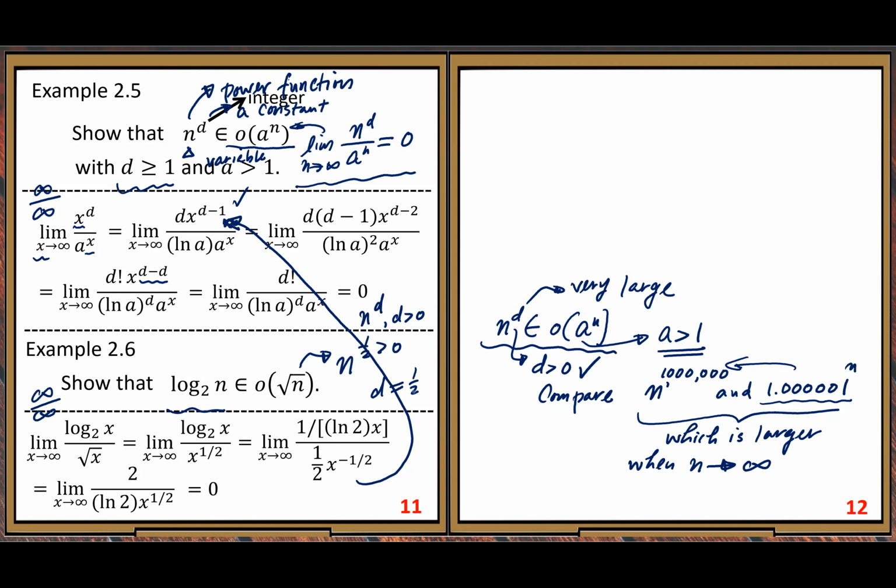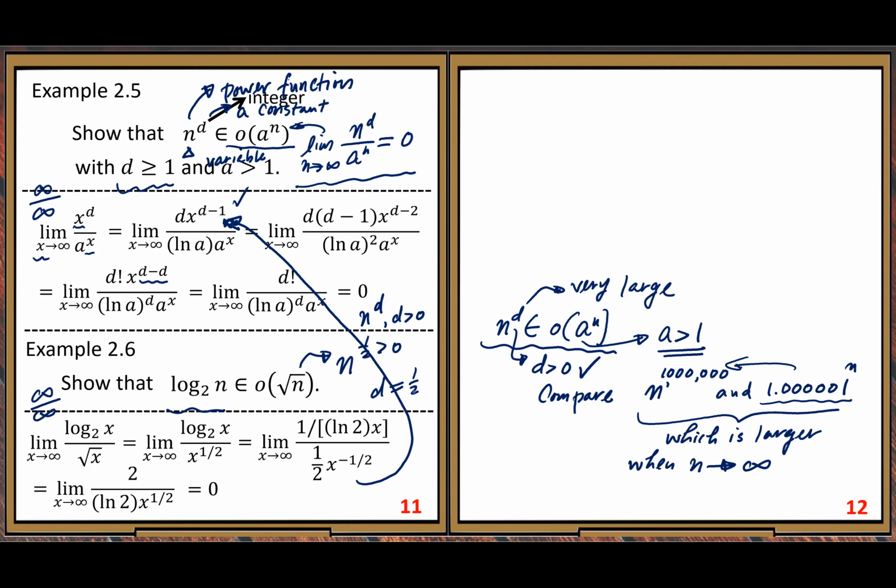If it is 0, then we go back to the original function with discrete variable n, positive integers. So we get that little o expression.